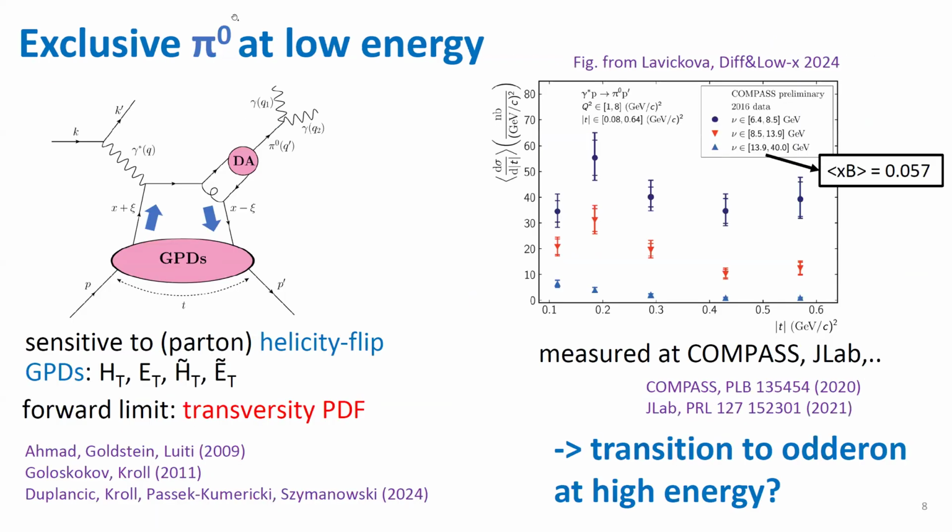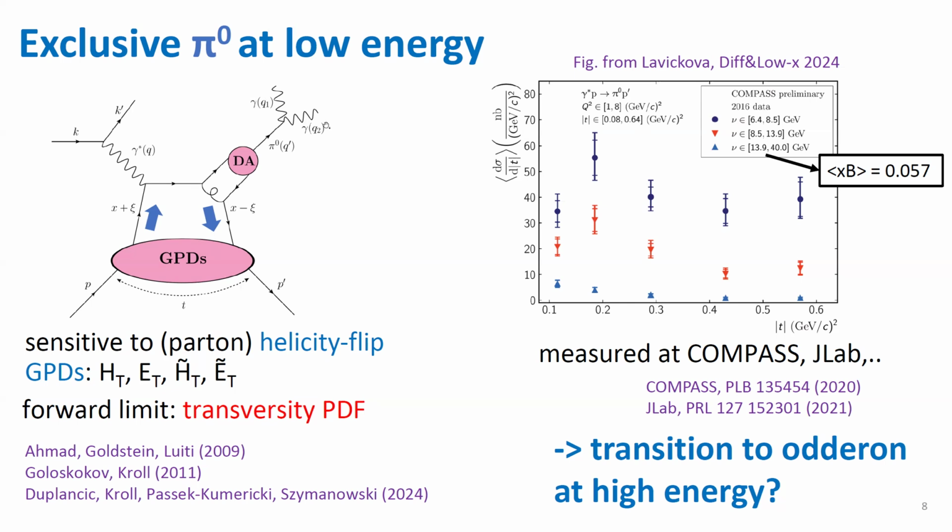So I keep here still this discussion a bit on exclusive pi zero, because at low energy this process is actually measured. This is done at COMPASS and JLab, and here I'm showing a plot of a t-distribution for this cross-section that was presented in the recent Diffraction and Low x conference. This is preliminary data from COMPASS, but nevertheless, it points out that this is measured.